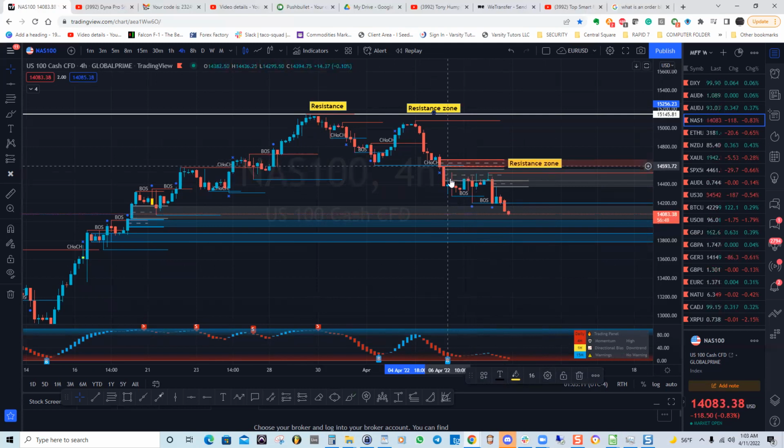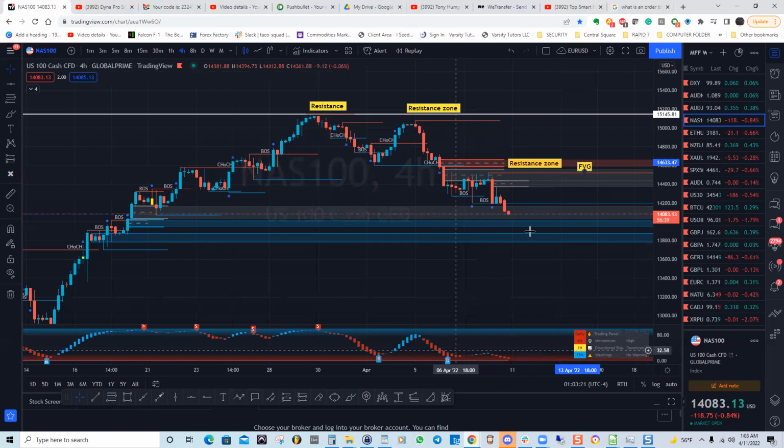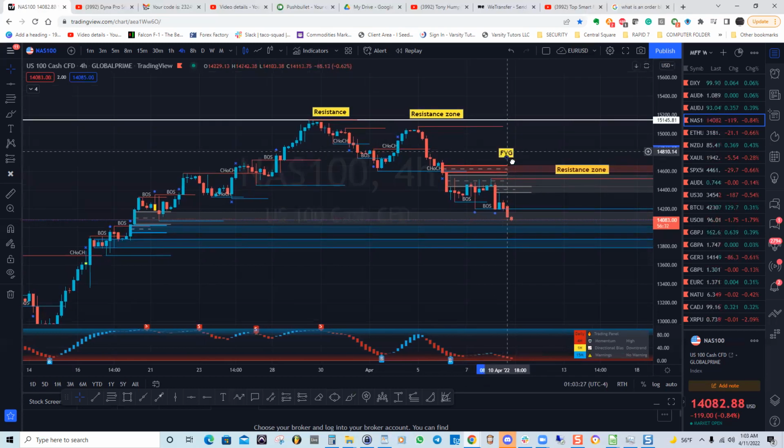So what I'm currently in right now is a fair value gap right here, FVG, because it's like a resistance zone. So since this is a resistance zone, we want to say, okay, what is an FVG? Well, an FVG is like an order block, right?